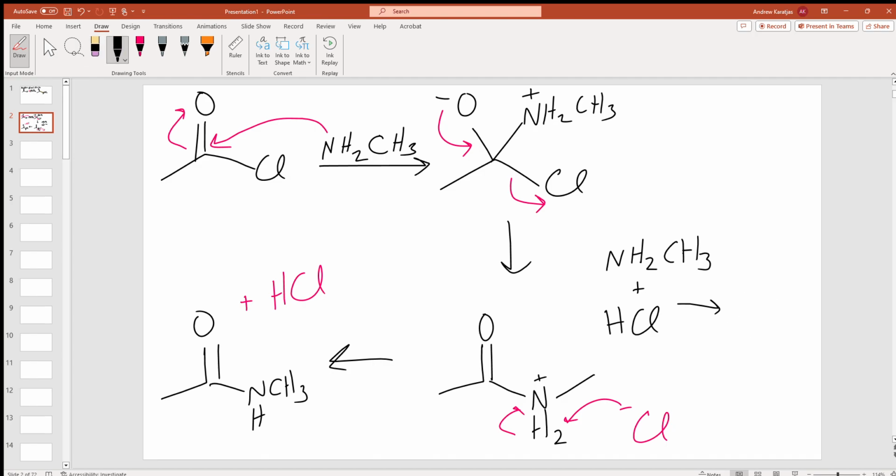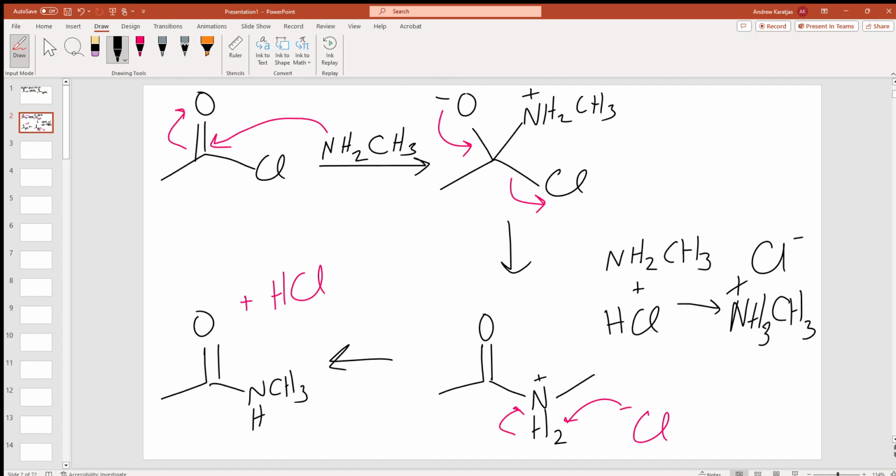So our methylamine here will become protonated. And so for every equivalent of HCl that we form, it's going to use up an equivalent of our amine.